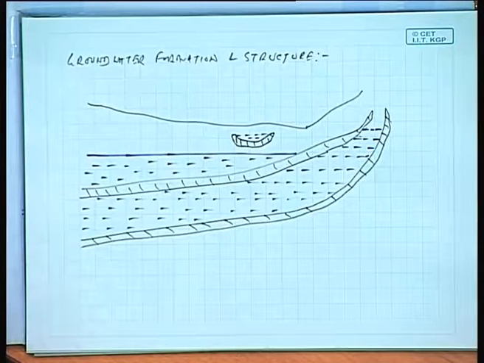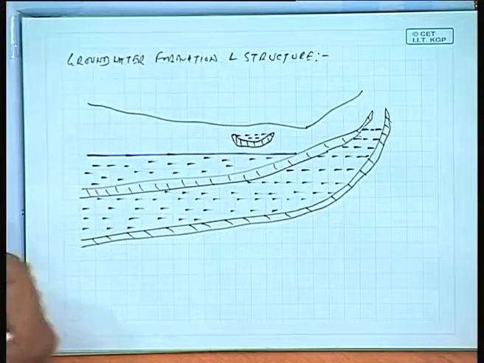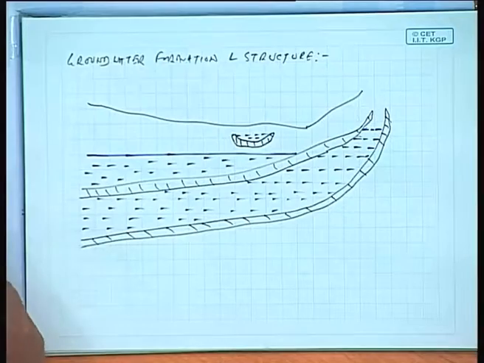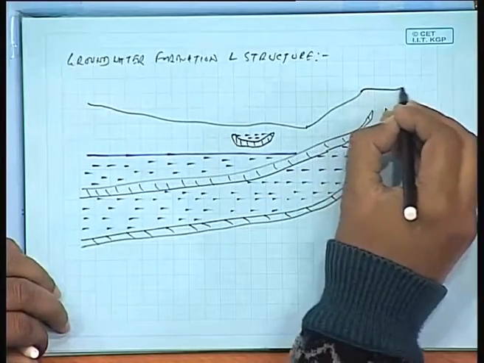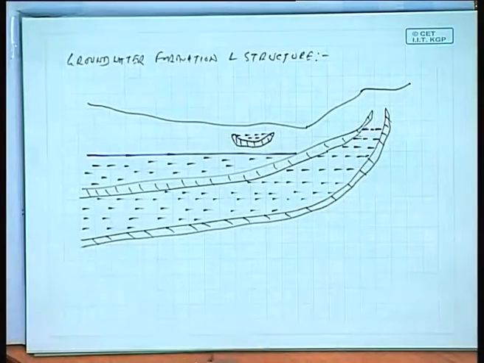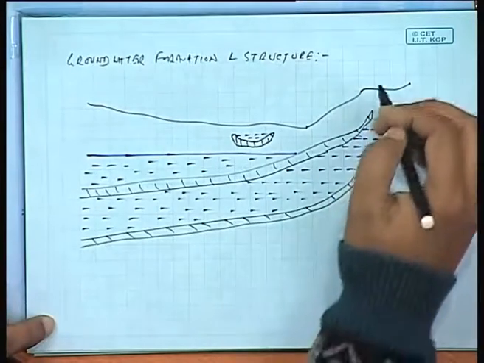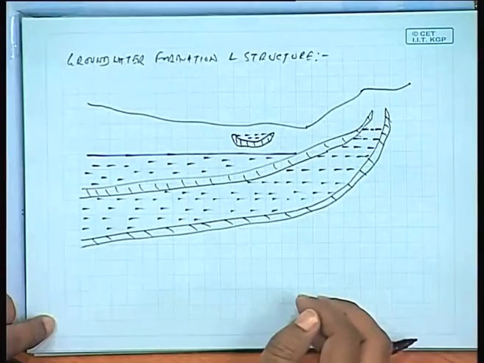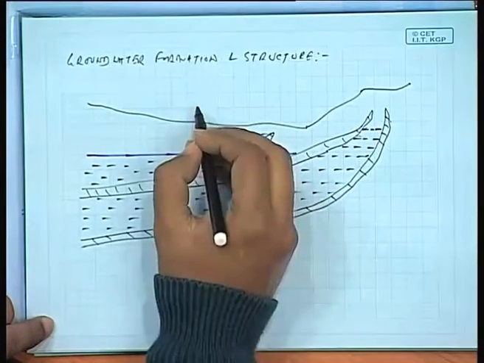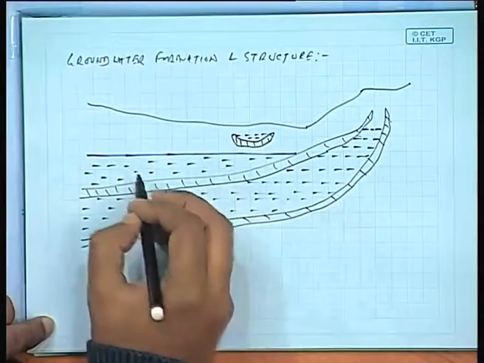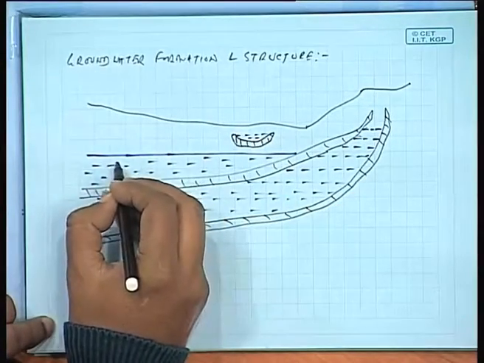Now you see this here. What is happening here is this. At this point, let us say this is what is known as the unconfined aquifer.